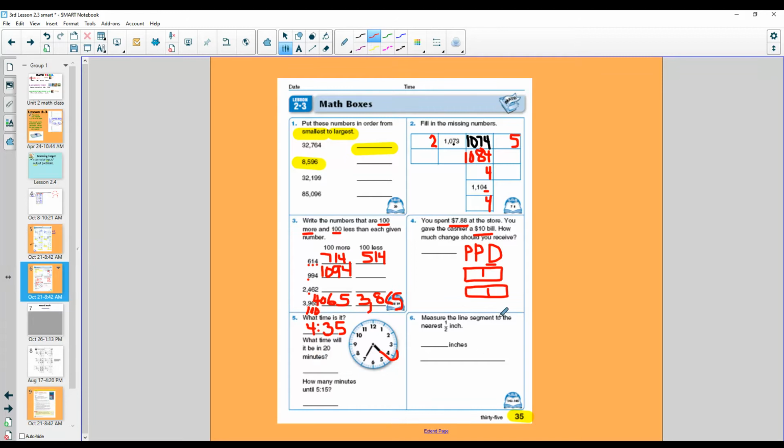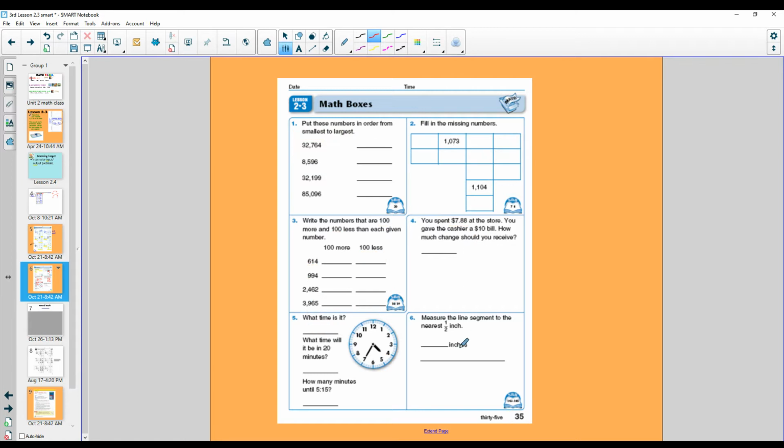What time will it be in 20 minutes? In 20 minutes. Let's see. It was 4:35. And now this hand is going to move 20 minutes. 5, 10, 15, 20. Now this hand is going to be here. It didn't go over the 12.